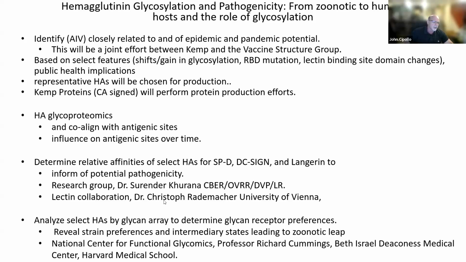Maurice, that's attending here, is with Christoph Radinger at University of Vienna, and we just received some of those lectins recently. We'll begin optimization there. And then we'll select HAs by glycan array, and then look at those receptor binding site preferences.